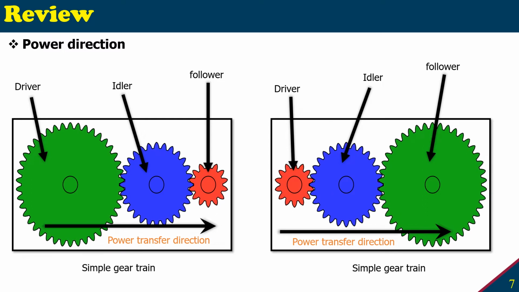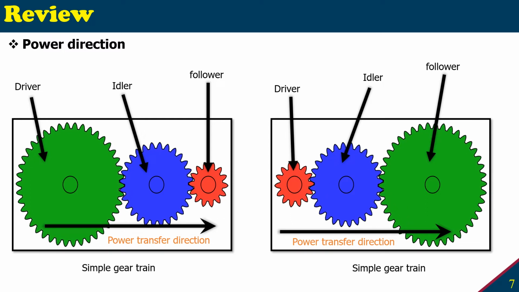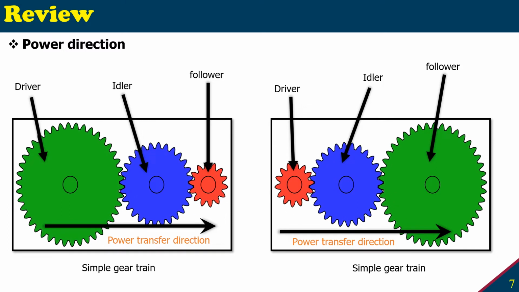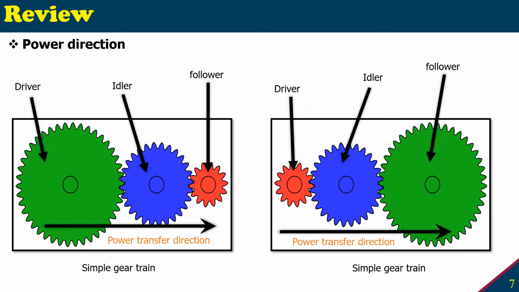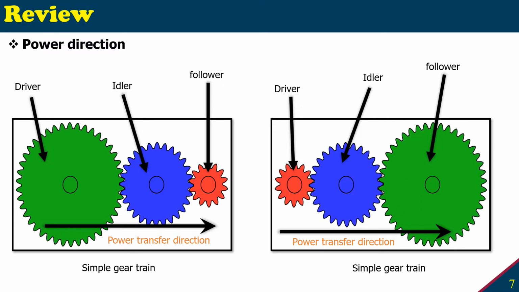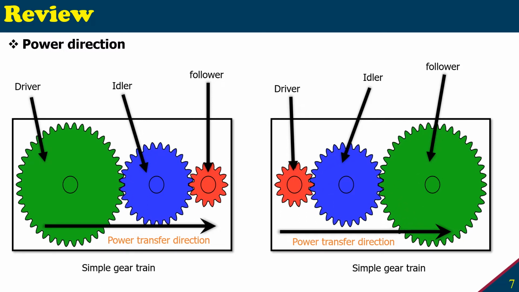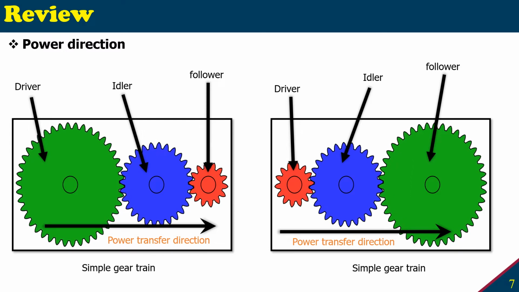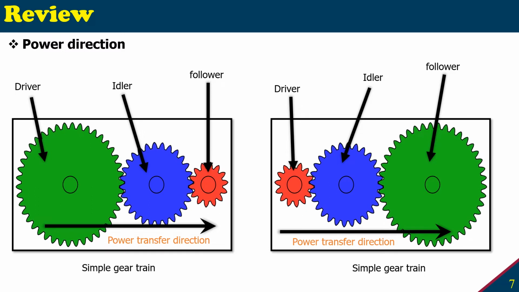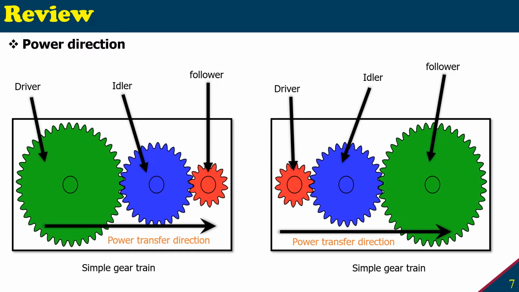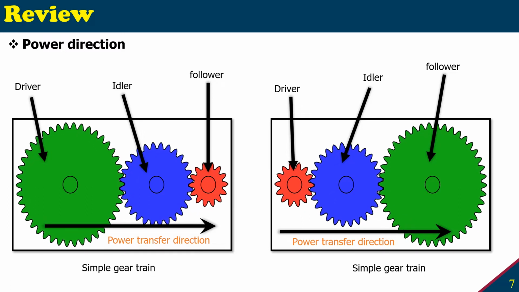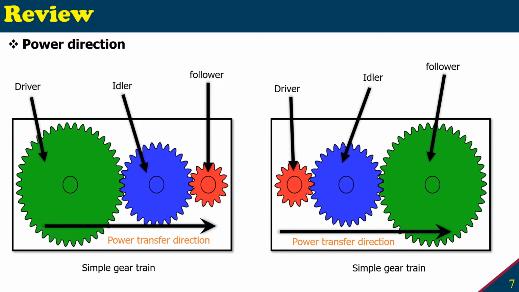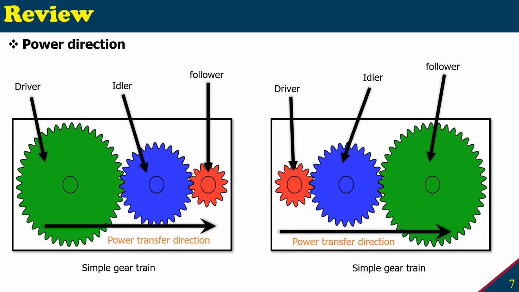If my green is the driver and my load is attached on the red one, so that will be the follower, then my power transfer will be from green to blue, blue to red gear. And the same gears, if I put the red as a driver and put my load on the follower, then the power transfer direction completely changes. So now the power transfer direction would be from the red to blue and blue to green.